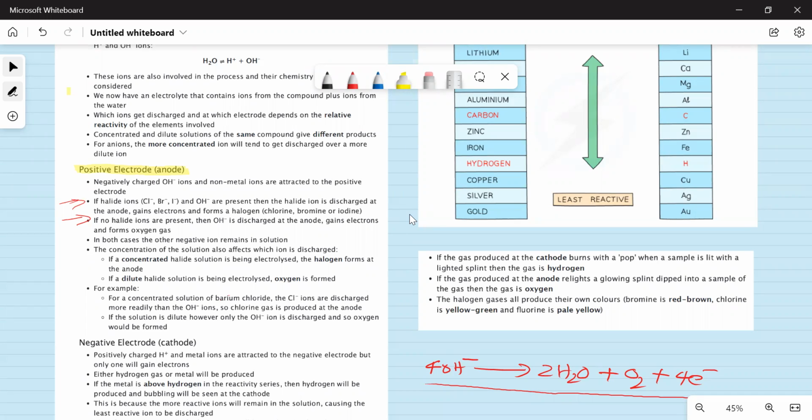Sir, on the anode, oxidation takes place, right? Yes, exactly, that's the theory. On the anode, oxidation always takes place. Sir, why are they gaining electrons then?